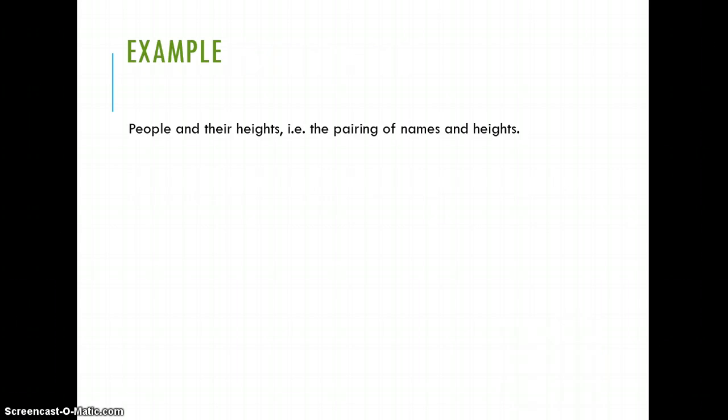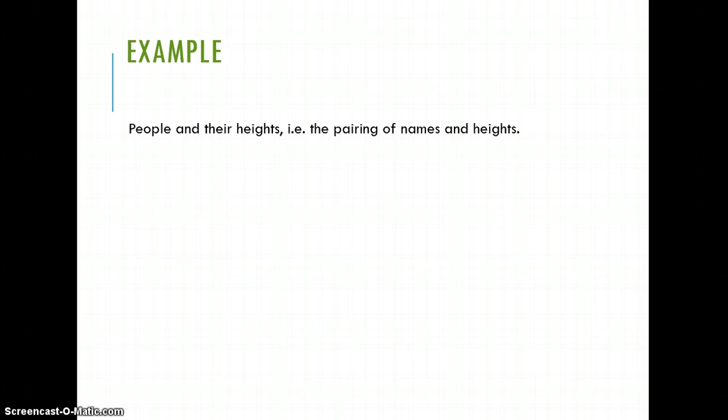So here is an example. People and their heights. All right, what is your height, you guys? So everybody has a height, and everybody is an individual, right? So there is a relation between you and your heights. So as an example, the pairing of names with the heights.